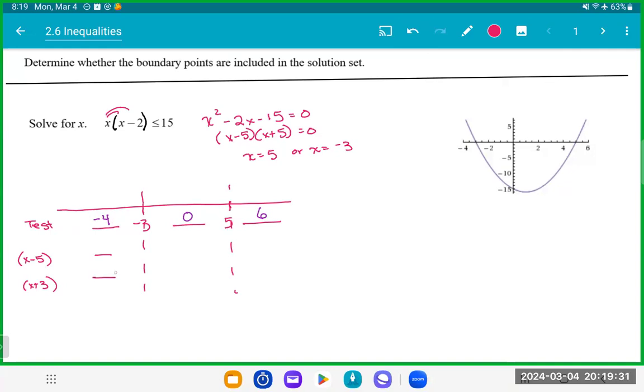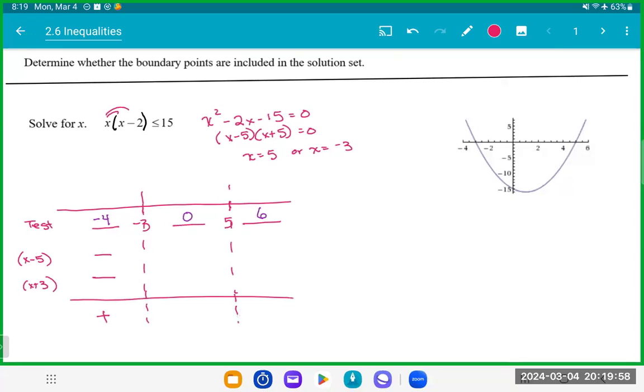That is also a negative value. Now, think about that. If I do negative times negative, that's going to give me a positive value down here. So if I had x equal to negative 4, that would be negative 9 times negative 1, and that is positive.